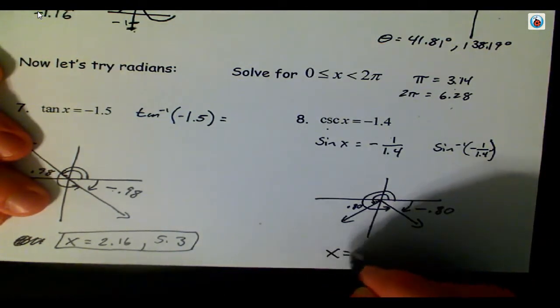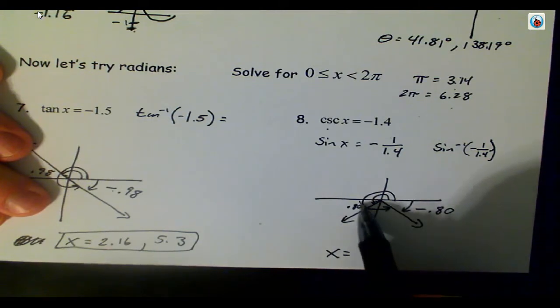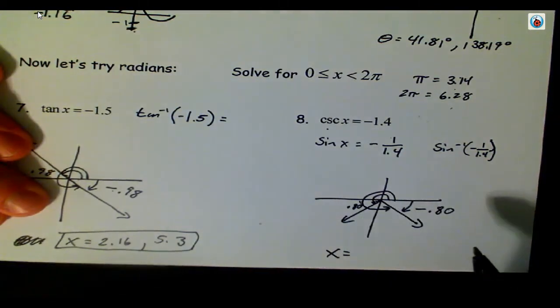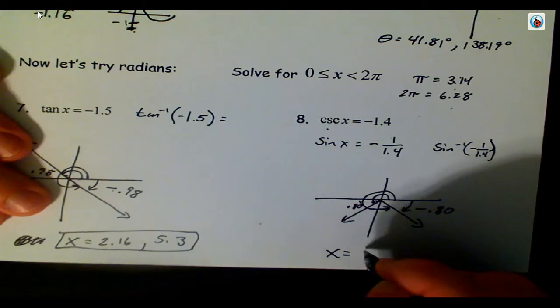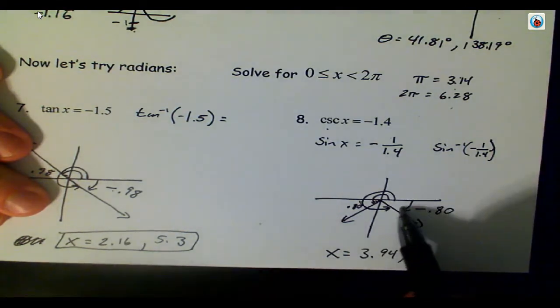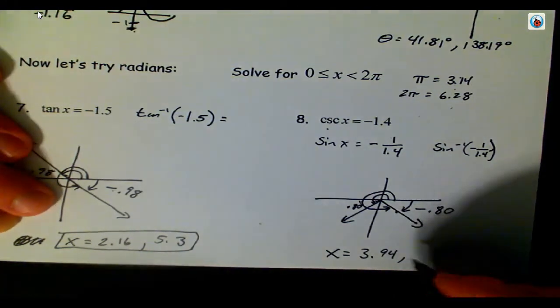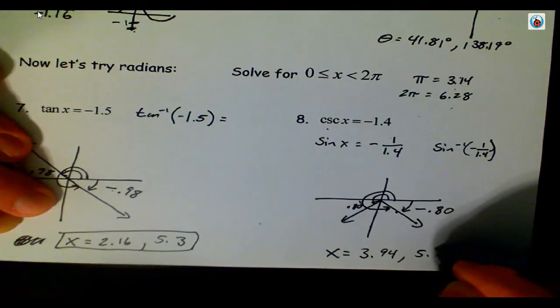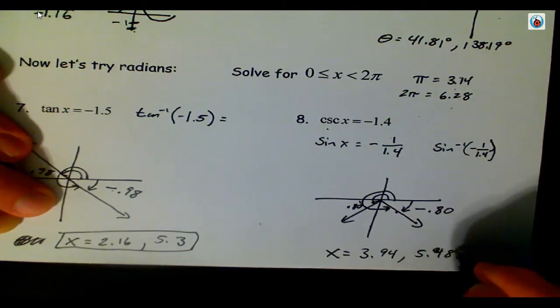So x equals, to find this one I need to add 3.14, so you get 3.94. And over here I need to subtract from 6.28, which gives you 5.48.